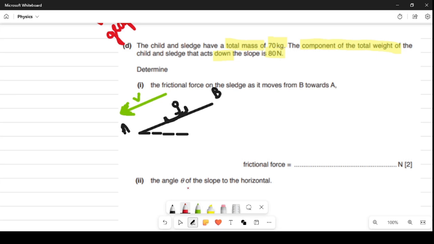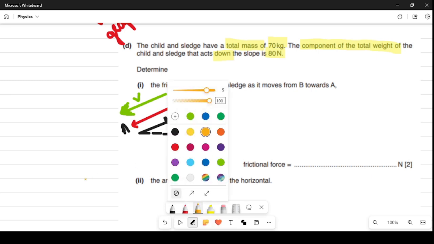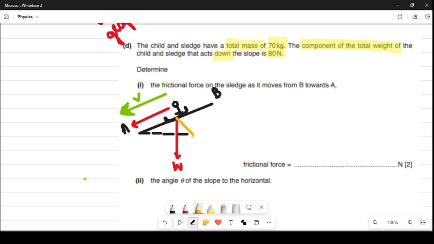Now they've told us that the component of the weight that is acting down is 80 newtons. We know from the resolution of weight into its components, let me show you, this is W cos theta and this is W sin theta and this is your theta.